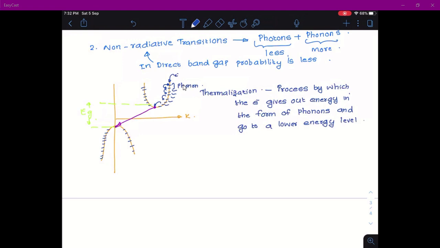So an electron at a higher position in the conduction band will always try to come to the bottom of the conduction band by emitting phonons. It will dissipate its energy using the phonons.